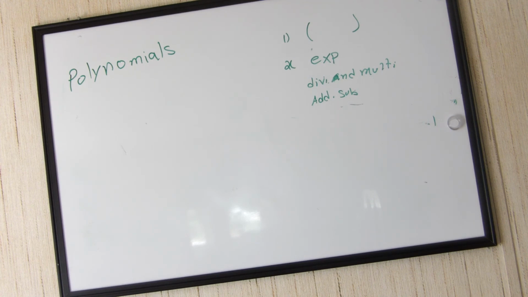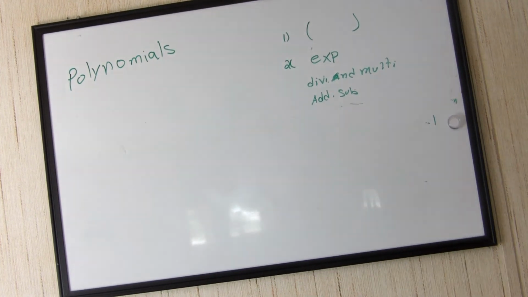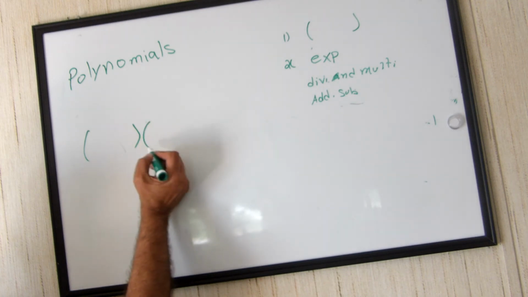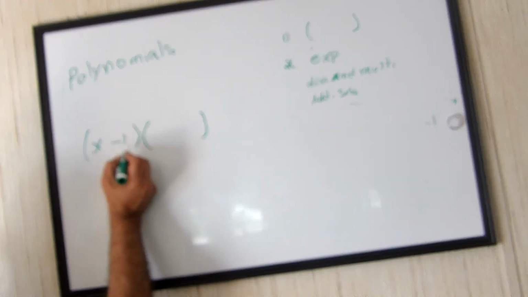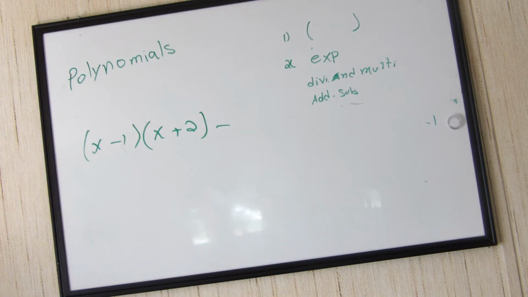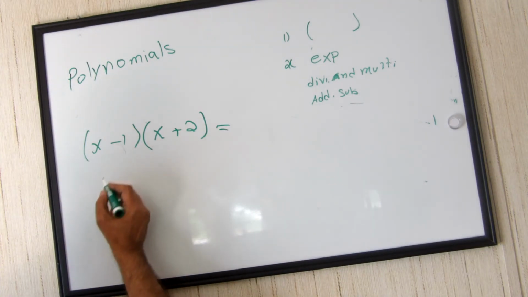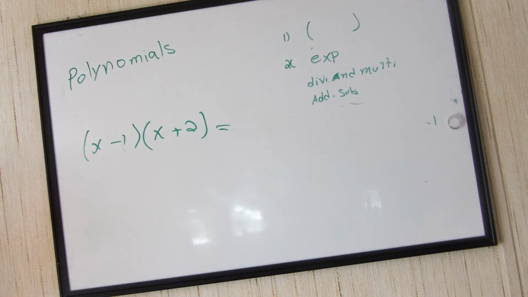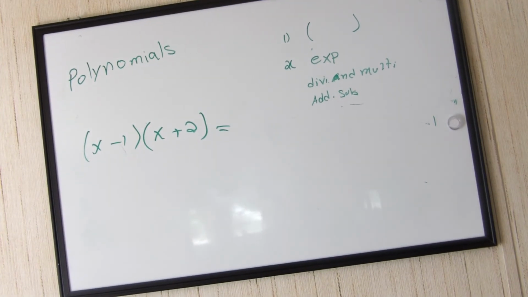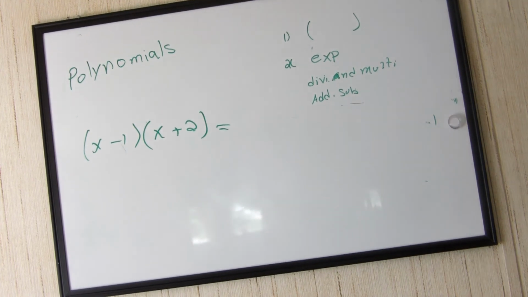We will talk about the multiplication like x minus 1 times x plus 2 later. We will do it later. Or let's do it soon, as there is still time.